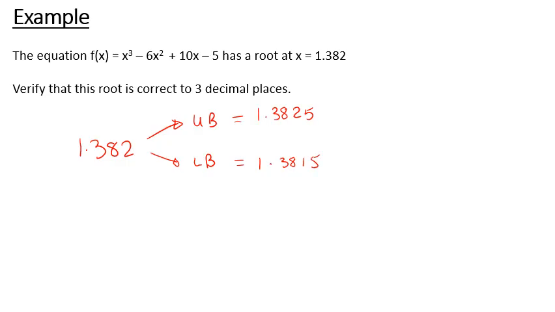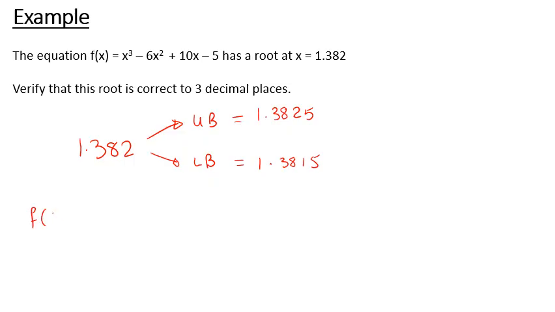Any values between the upper and lower bound would round to 1.382. So what we need to show in order to verify that this answer is correct to 3 decimal places is that when we find f of 1.3825 and f of 1.3815, we should hopefully see a change of sign.